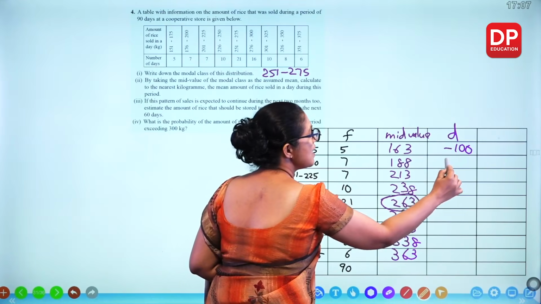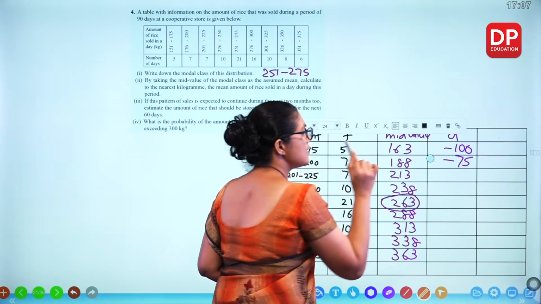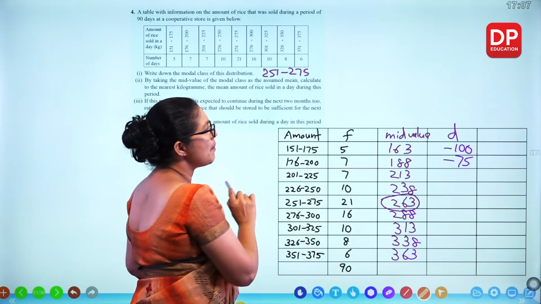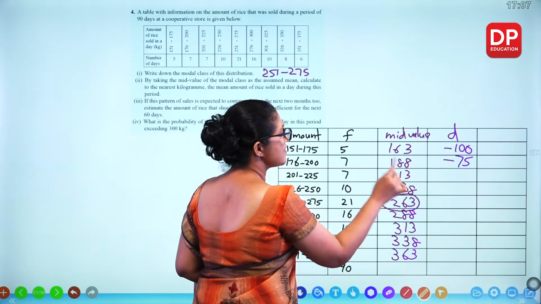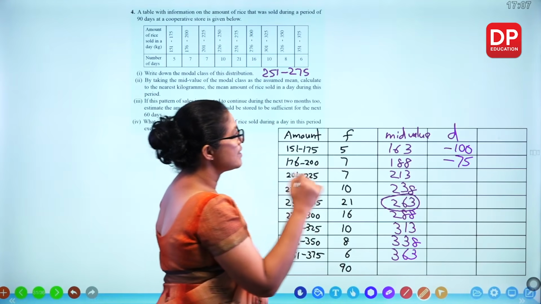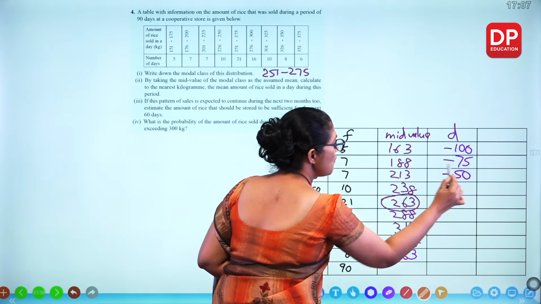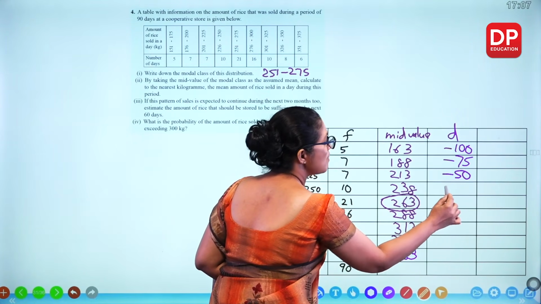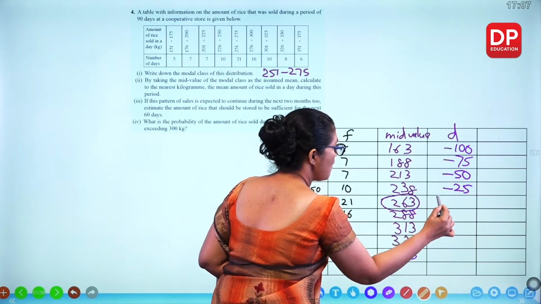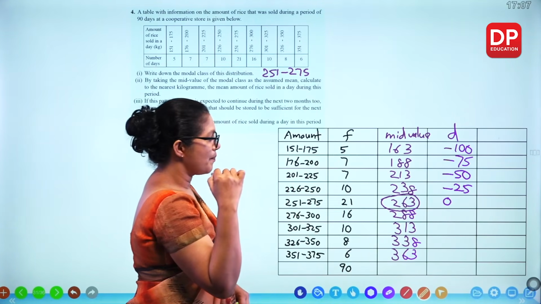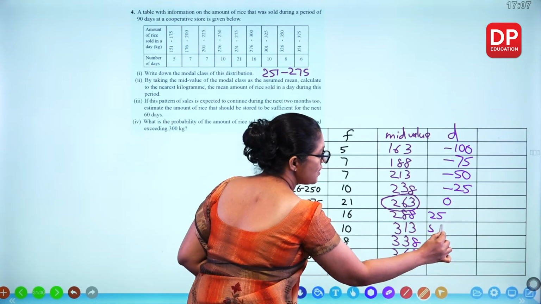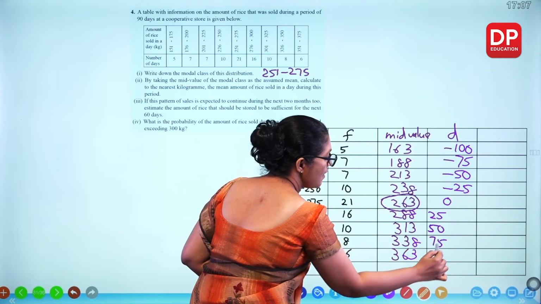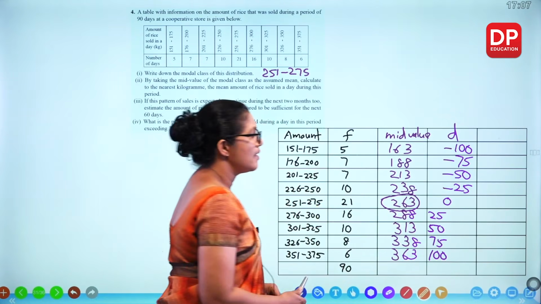This and this, minus 75. And what about the other difference? 263 and 213, you get minus 50. This one you get minus 25. Here 0. Other way around, you get 25, 50, 75 and positive 100.